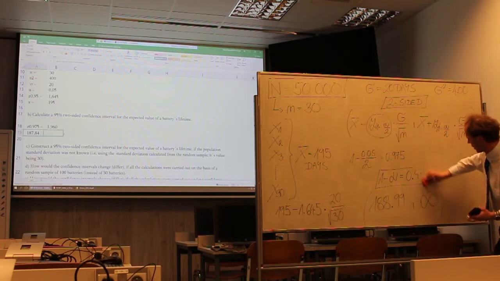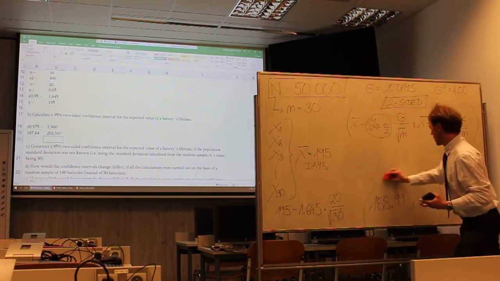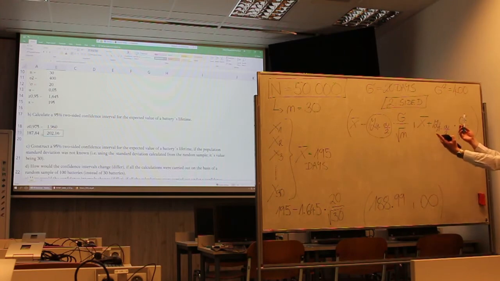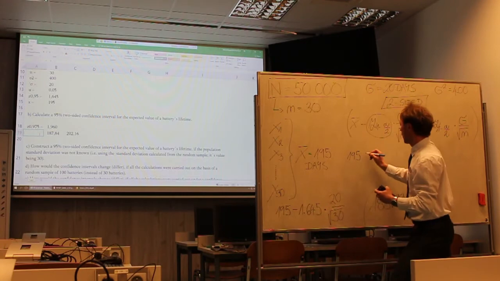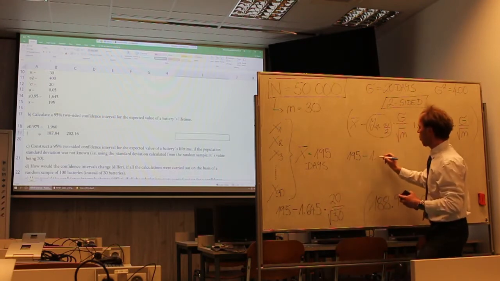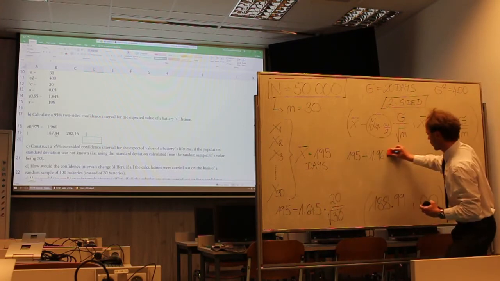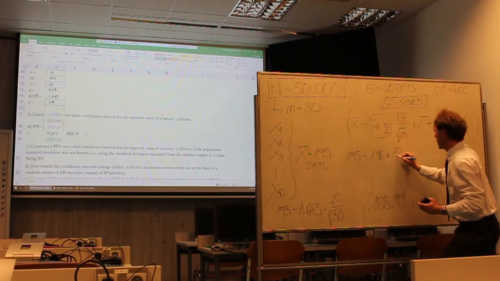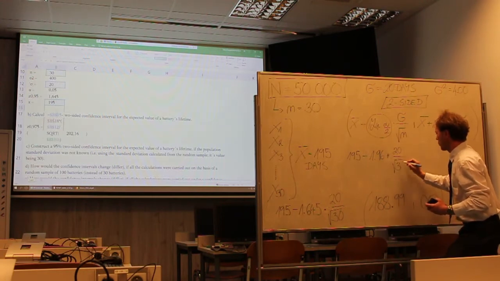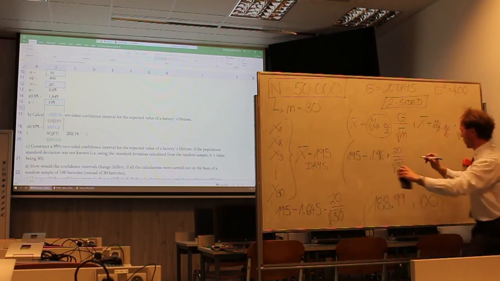I will delete this part in the middle and we will use the values. 195 minus 1.96 times, I will use the star, times 20 divided by square root of 30: left side, left bound.